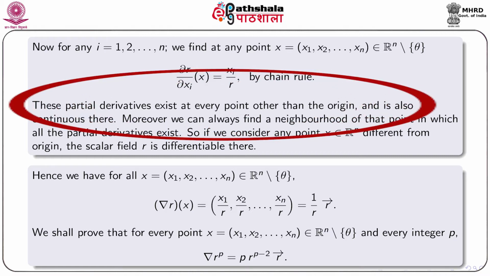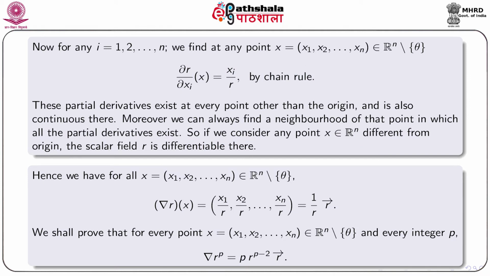Now, these partial derivatives exist at every point other than the origin, and obviously it is also continuous there. Moreover, we can always find a neighborhood of that point in which all the partial derivatives exist. So, if we consider any point x in Rn different from origin, the scalar field r is differentiable there.